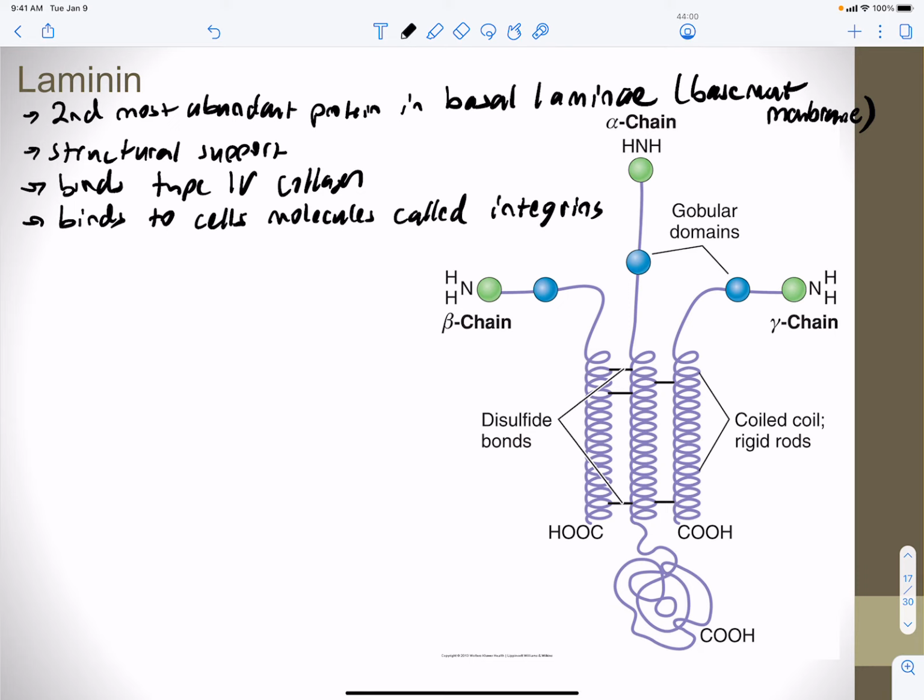So not only do the extracellular matrix components bind to each other, but they are also going to interact with the cells in the tissues and bind to them as well.